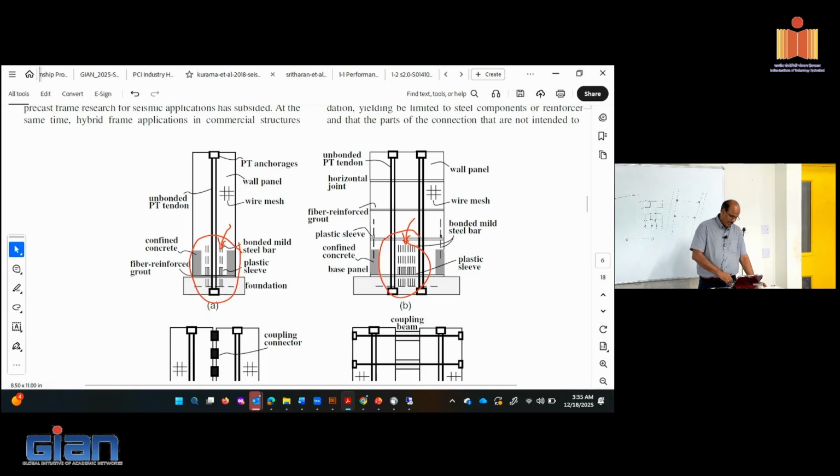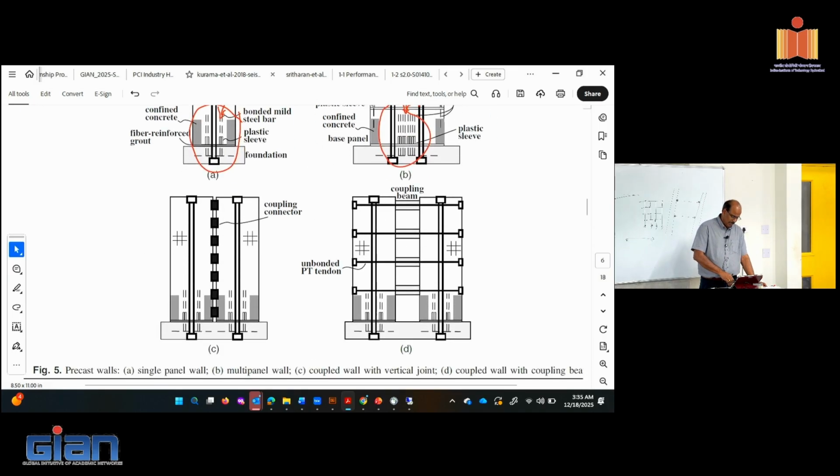So one of the systems that we looked at was what they call a jointed wall. In the jointed wall, I think Satya talked about a similar concept for some of the applications they have done. So here is one wall, here's the second wall, and the walls are connected together with a series of elements that have a capacity to dissipate energy.